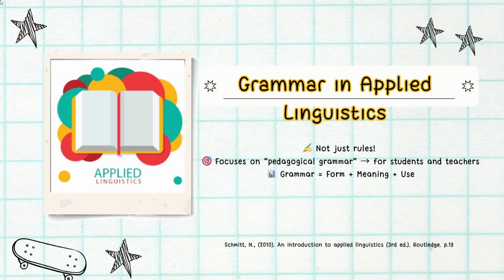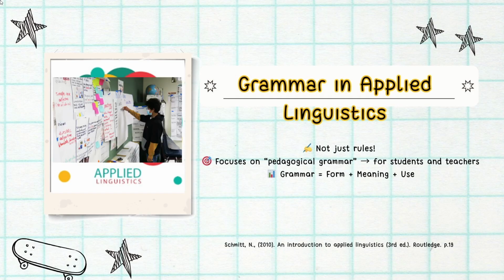After all, applied linguistics must be concerned that students not only can produce grammatical structures that are formally accurate, but must be able to use them meaningfully and appropriately as well.